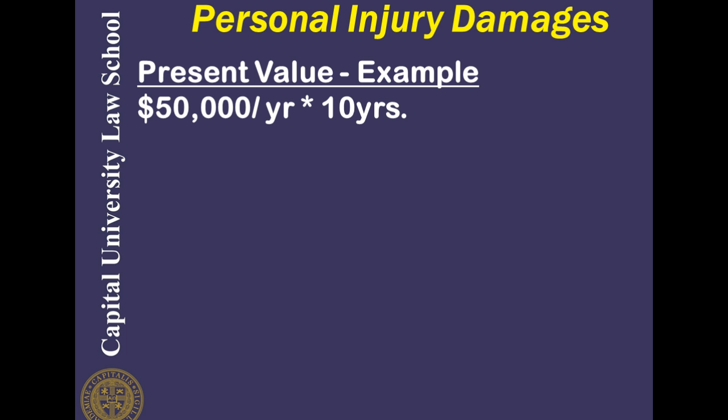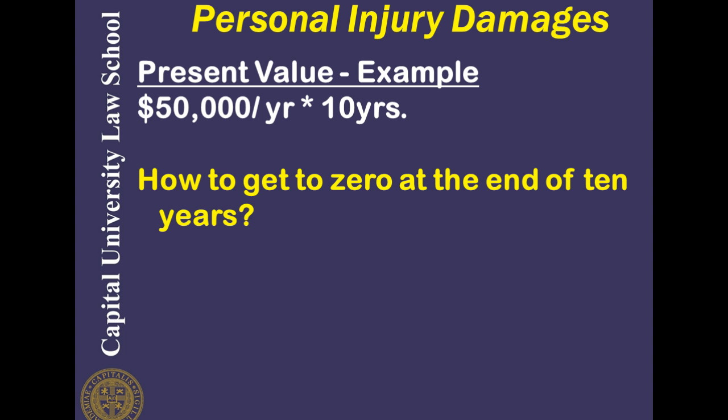They need $50,000 of medical care each year for the next 10 years. Well, it would be simple. The goal here would be to get to zero at the end of 10 years. So each year they would take out $50,000 and get to zero at the end of 10 years.